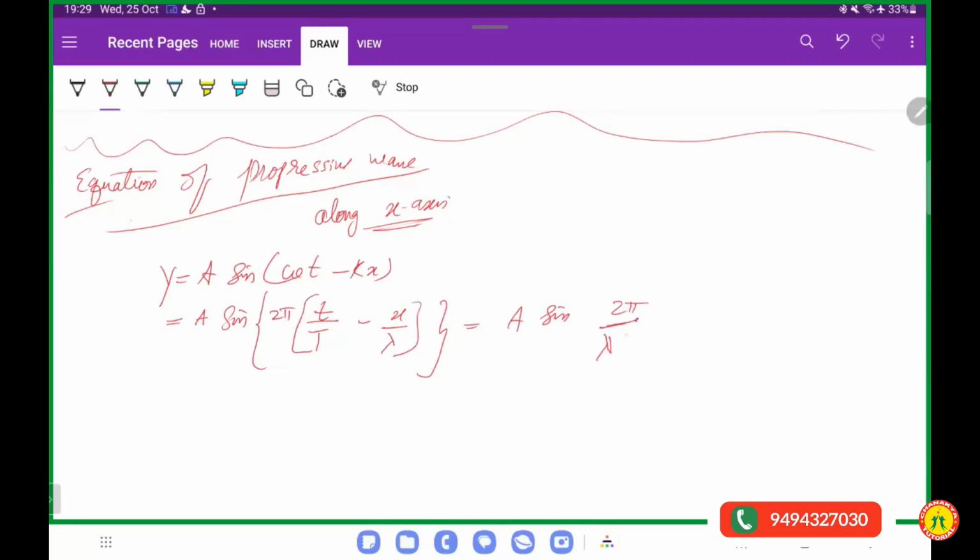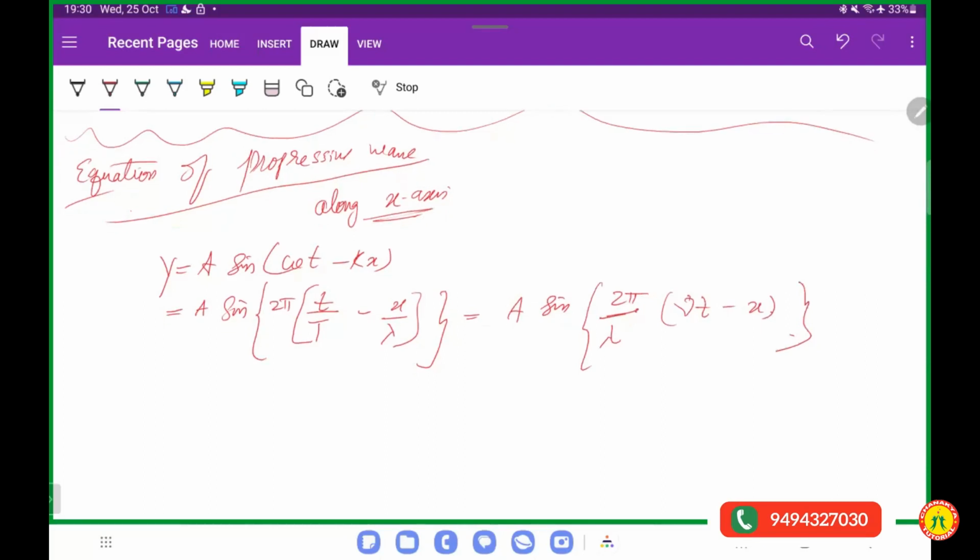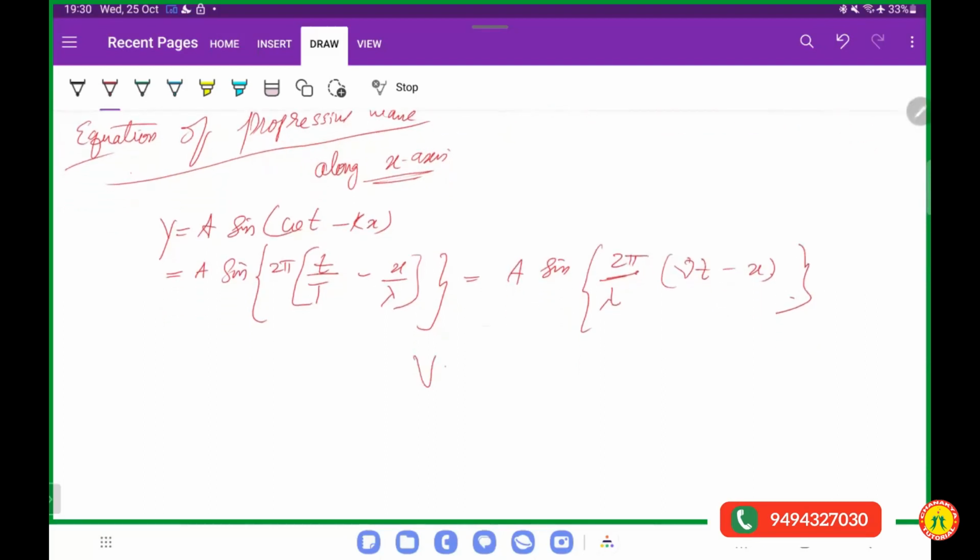See how I'm writing this directly. See, these are things like v equals frequency into lambda.